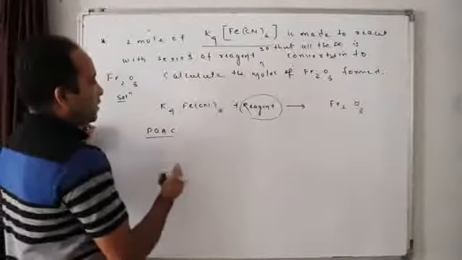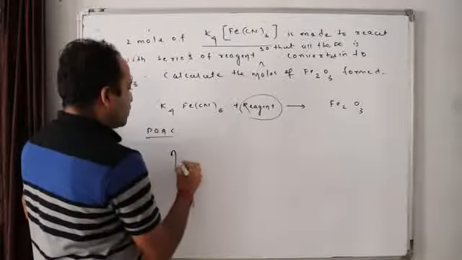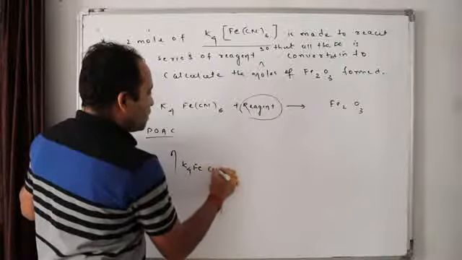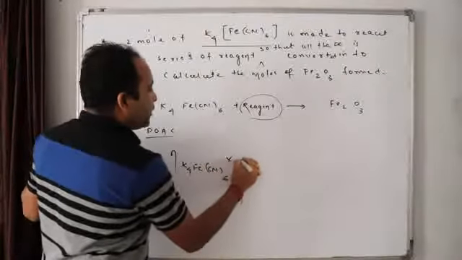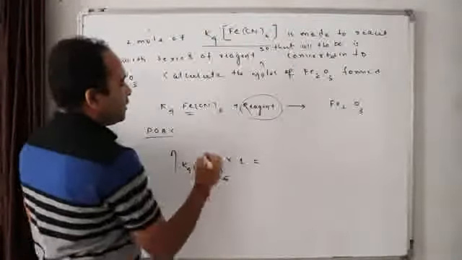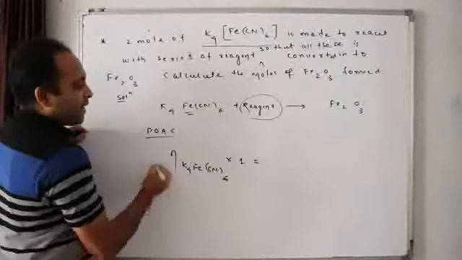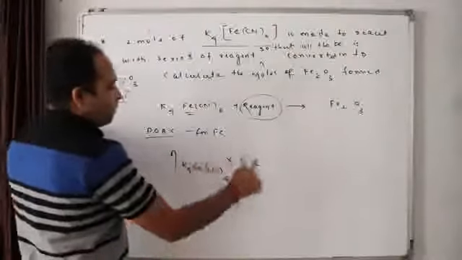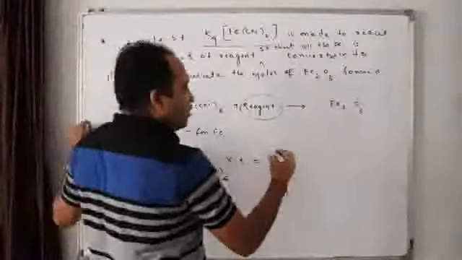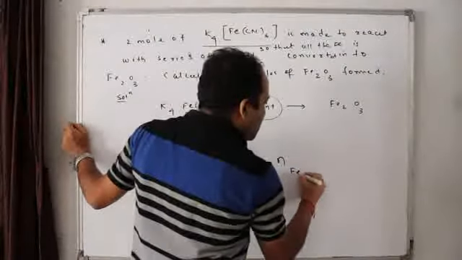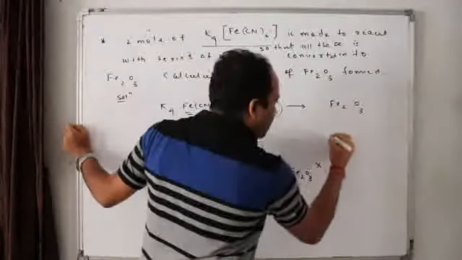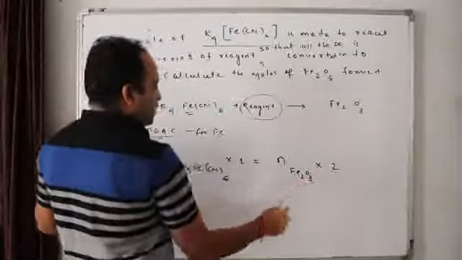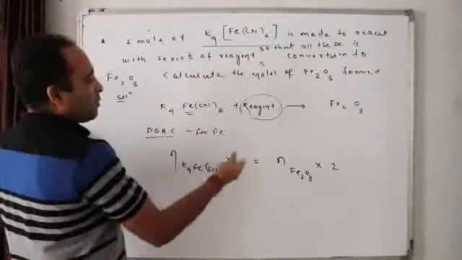By POAC, what can I do? Number of moles of K4Fe(CN)6 into 1. Why 1? Here iron is 1. So from this, what do I get? POAC for iron: the total number of iron is equal to the number of moles of Fe2O3 into how many iron here? 2. So number of moles into atomicity is equal to the total number of iron.